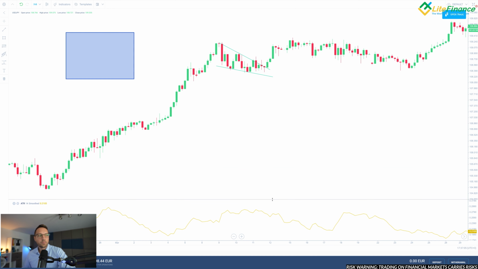It can help us, because in a situation like this, when the average true range at the opening of this candle is, for example, 21 pips, that would mean the stop loss would be very tight.